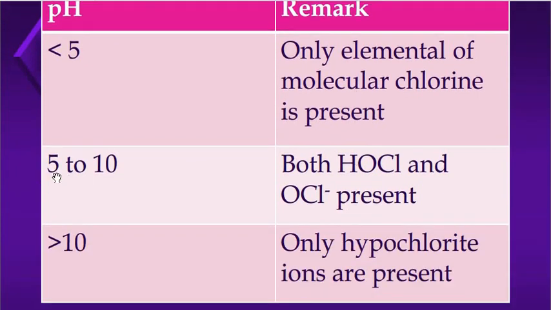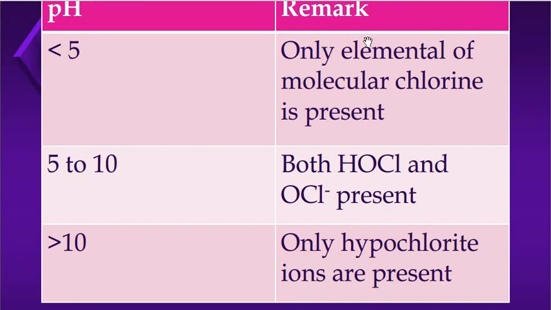If the pH level is between 5 and 10, both HOCl and OCl negative are present. And if the pH level is greater than 10, only hypochlorite ions are present.